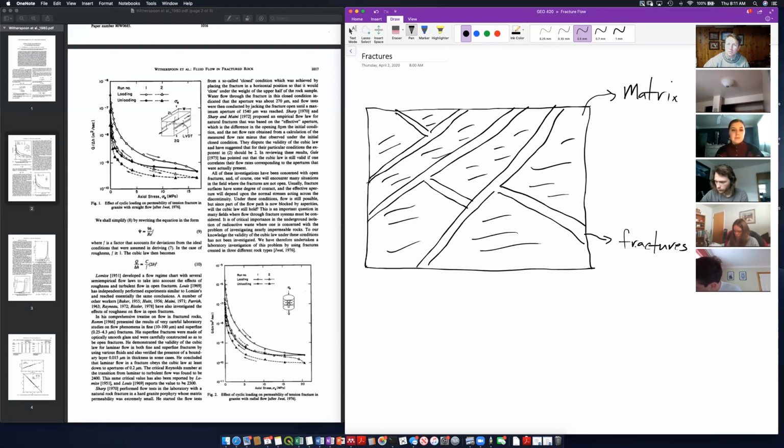All right. So let's say we're below the water table and all of our fractures here are full of water, just to start. Let's talk about some other terms. So this group of fractures we call a fracture network.